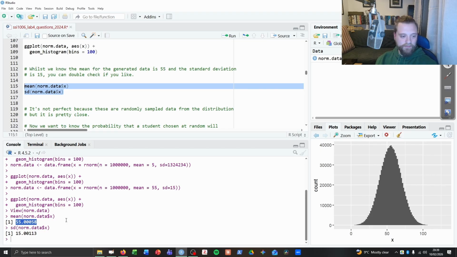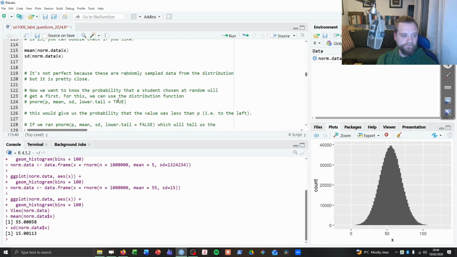So this is randomly generated data, and with quote unquote only 1 million observations, we're going to get to about 2 to 3 decimal points of the exact value here. So we've got a little bit of variance, but not much. So we've generated data that has a mean of 55 and a standard deviation of 15.